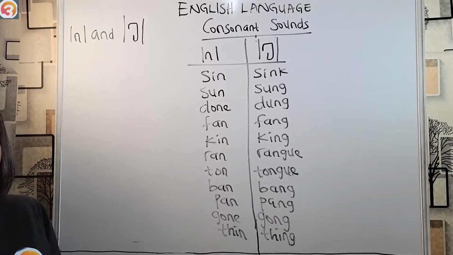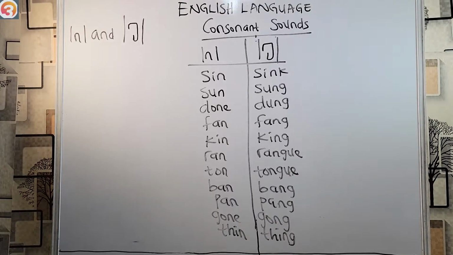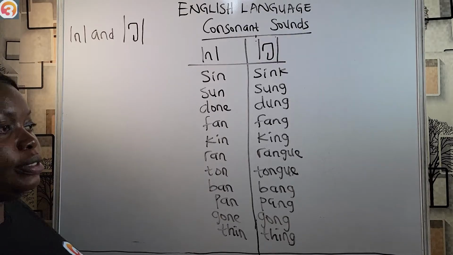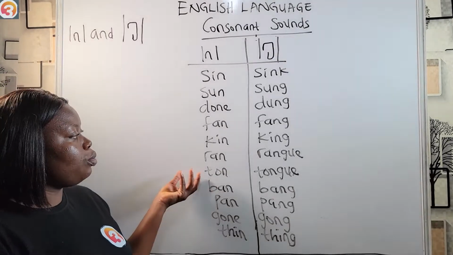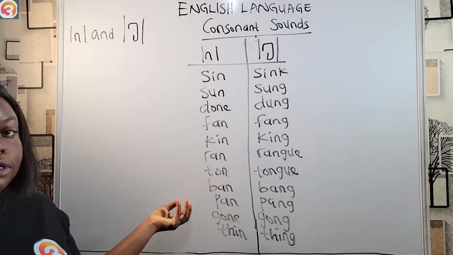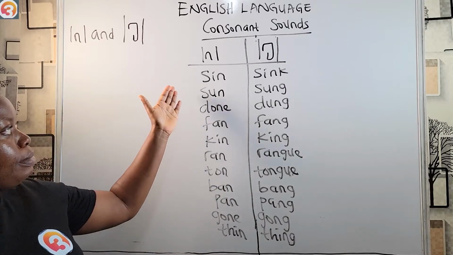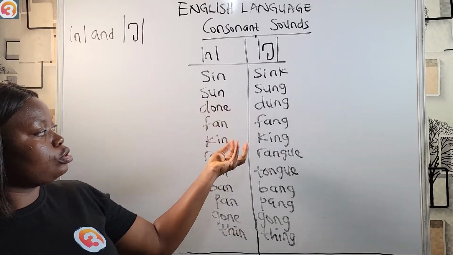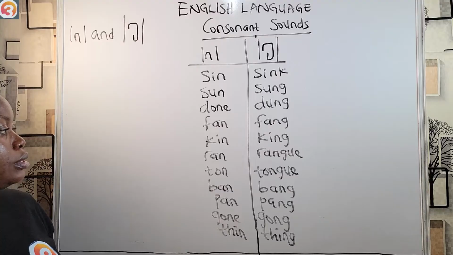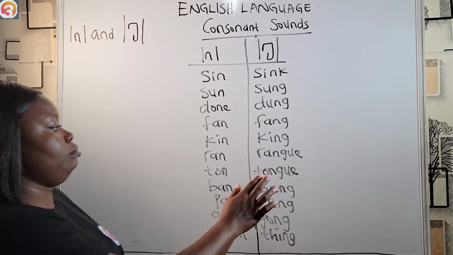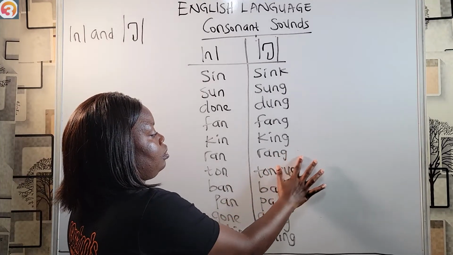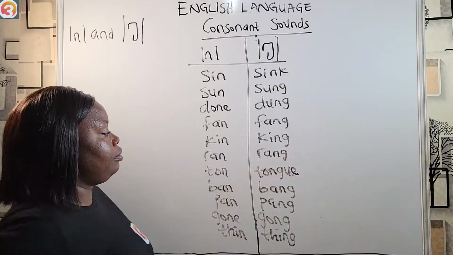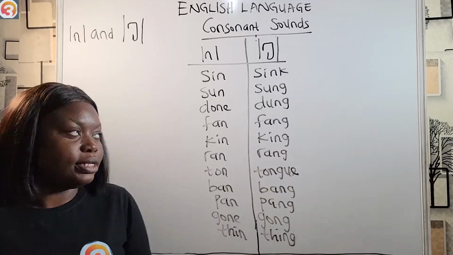So these are ways we can compare these two sounds. They are very similar, but look at how we can establish differences between them. Now with minimal pairs, it makes it easier for you to still bring out the difference. I went wrong, sorry. Yes, ran and rang. There's no E at the end.